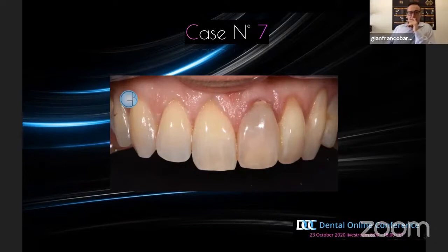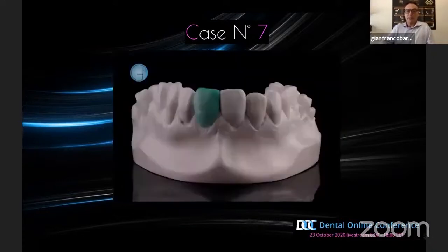We had in this case the 21 that has to be extracted, and we can manage this kind of restoration from the beginning with a guide that becomes a temporary. Like always, we start from a wax-up, design the shape and the emergence.